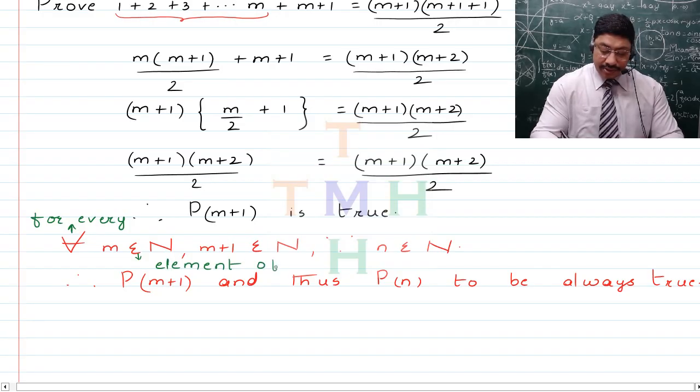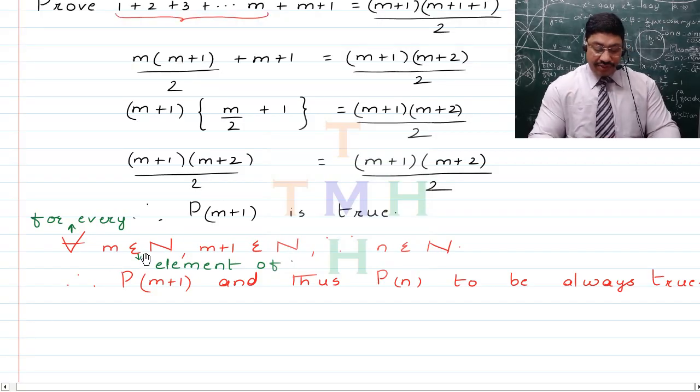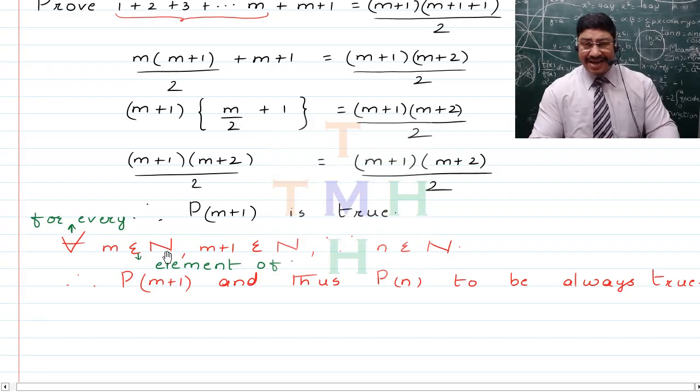Okay, so here we have for every m, which is an element of capital N. Capital N is a set of natural numbers. M plus 1 will also be an element of natural numbers, right? Now since n is to be an element of natural numbers, that is why we are talking about m and also m plus 1 to be from the set of natural numbers.